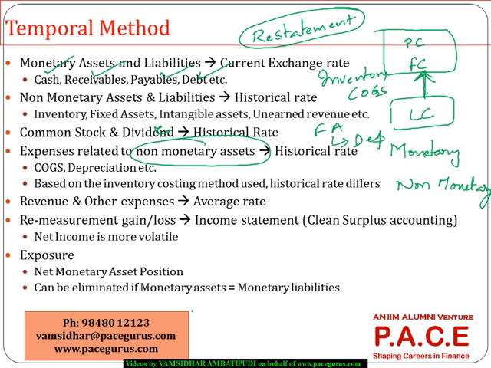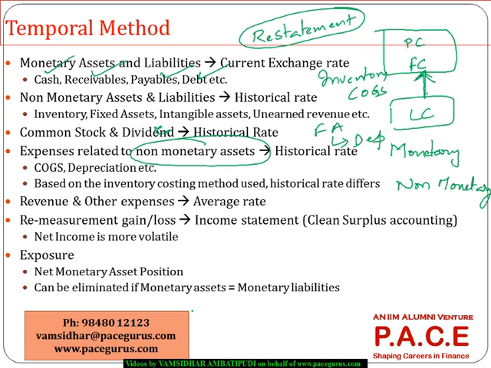Whereas when it comes to the temporal method, all the other balance sheet items are measured as of some older date. So if in the current rate the numbers are much higher, it means the domestic currency has appreciated.